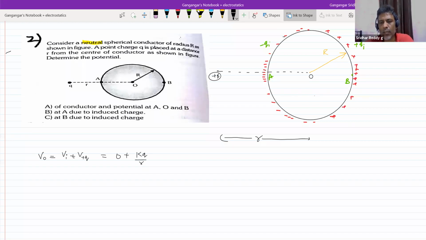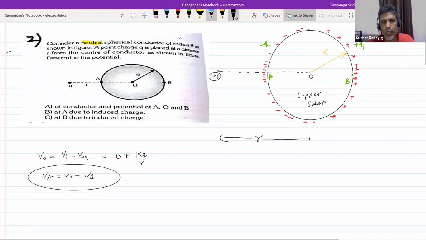Copper, so let me write here, there's a copper sphere. Conductor is an equipotential, therefore VA equals VO equals VB. Fine. So the first part, potential of the conductor and potential at A, O, B, is the total net potential at points A, O, B. It is equal to this much.